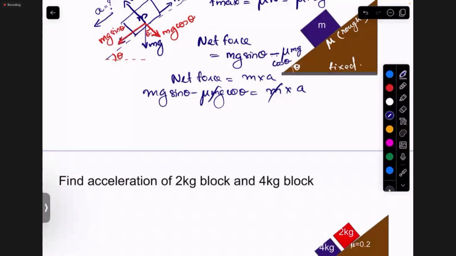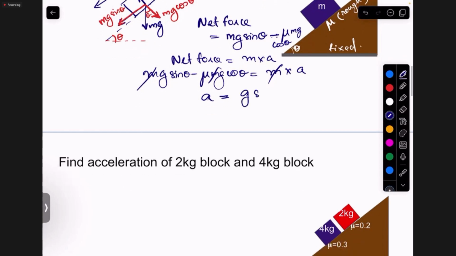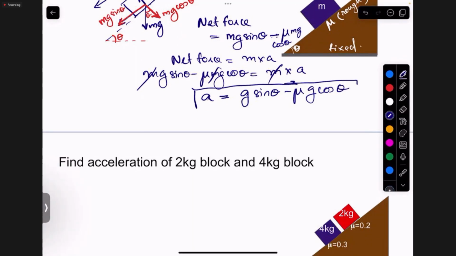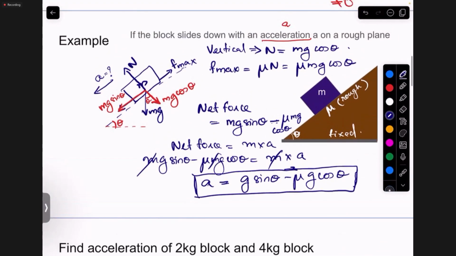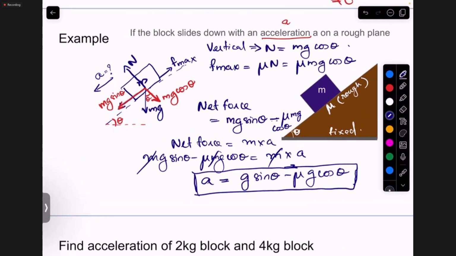M and m cancel. So a equals g sin theta minus mu g cos theta. So this is the acceleration of a block kept on a rough inclined surface. You can see that the acceleration of the block does not depend upon the mass of the block.